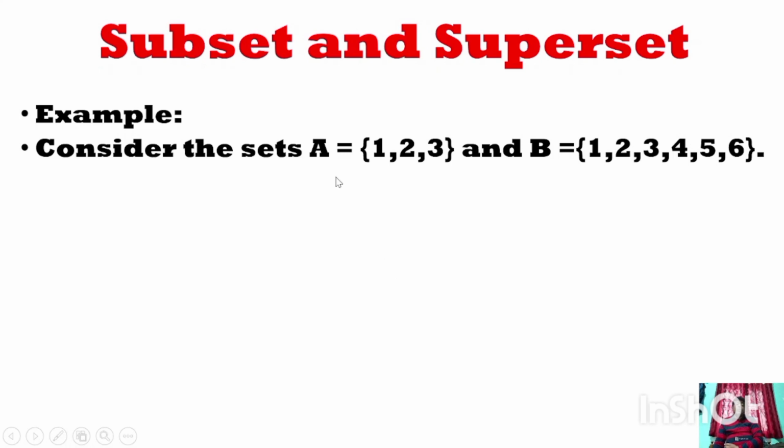So consider the set A = {1, 2, 3} and another set B = {1, 2, 3, 4, 5, 6}.